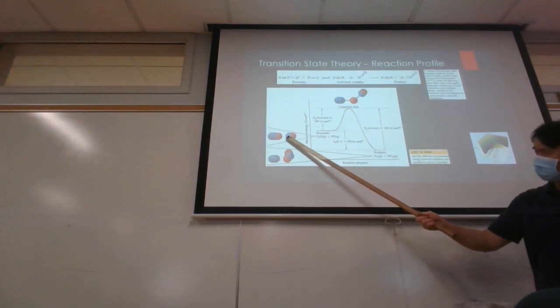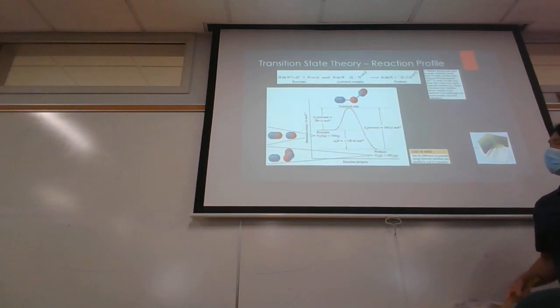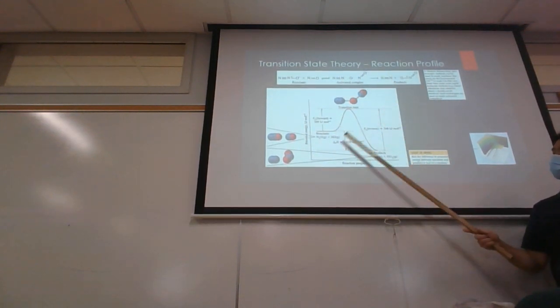If the probability of the collision is low and the activation barrier is high, then the rate's low. And so this is what we call a simple collision.